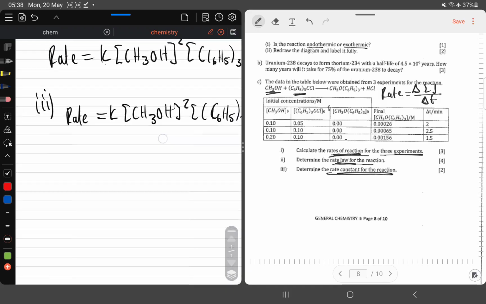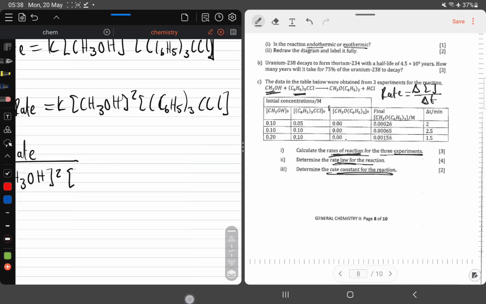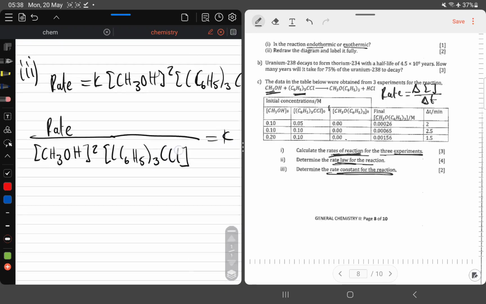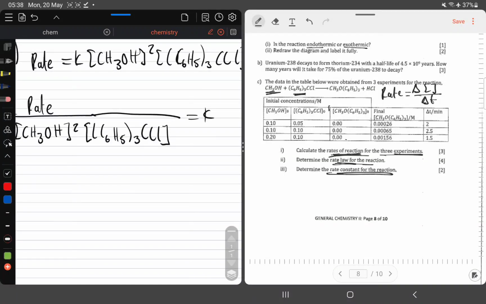We take them to the other side, so the rate over CH3OH squared, multiplying the concentration of C6H5 cubed CCl, is going to be equal to K. Now what is the rate? Let's just choose experiment 1.